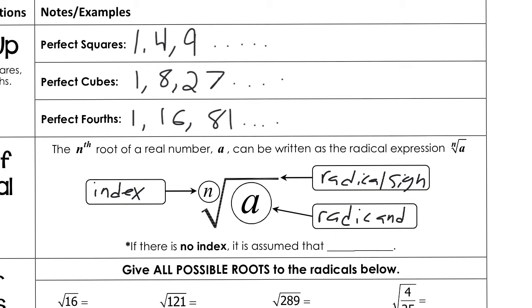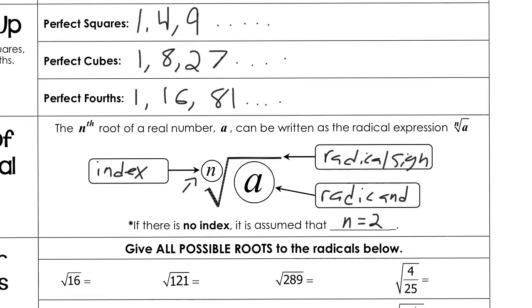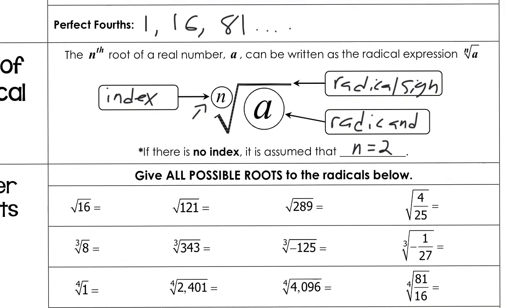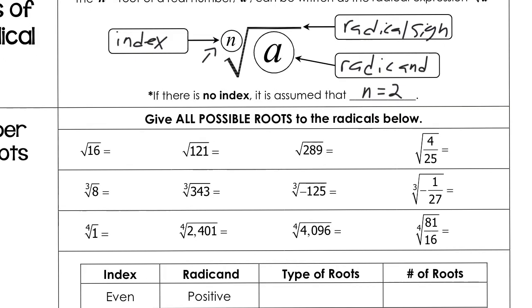Now, if there's no index, so if there's not an n value listed here, which is what we're used to, right, then it's assumed that n equals 2, and that would just simply be the square root, and we're used to that, so that shouldn't be unfamiliar to us. Okay, I'm going to do one example of each here. All possible roots for the square root of 16 would be positive and negative 4, right? The square root of 16 is 4, and all possible roots would be the positive and negative.